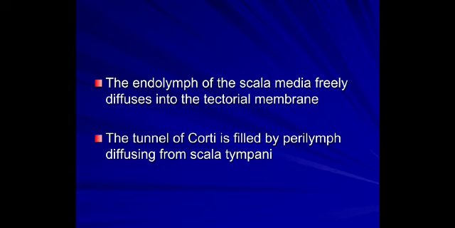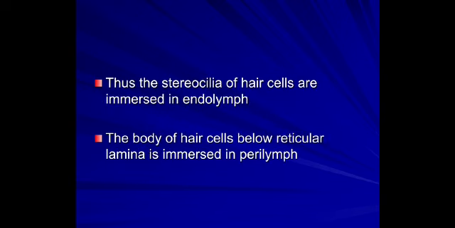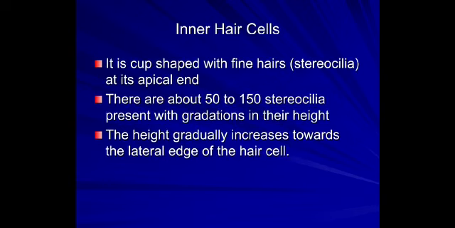The endolymph of the scala media freely diffuses into the tectorial membrane. The tunnel of Corti is filled by perilymph diffusing from the scala tympani. Thus, the stereocilia of the hair cells are immersed in endolymph, while the body of the hair cells below the reticular lamina is immersed in perilymph.